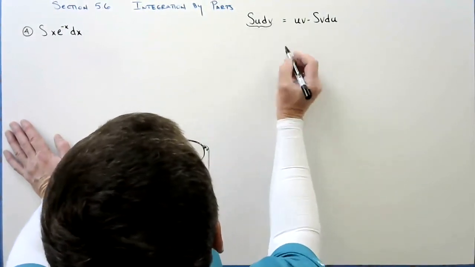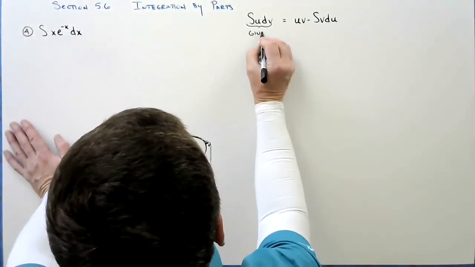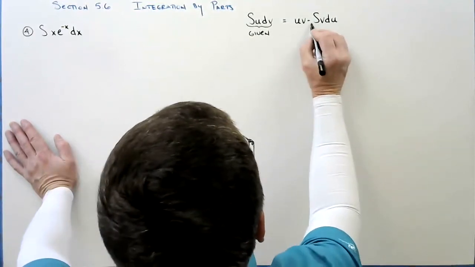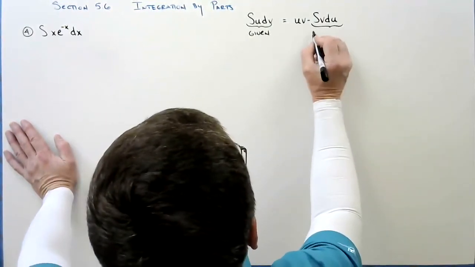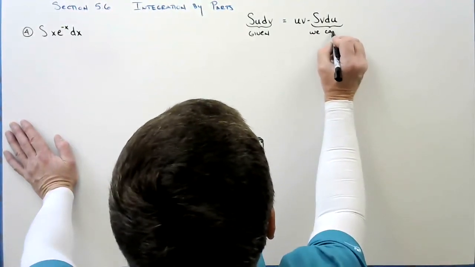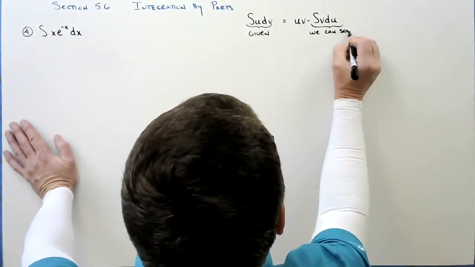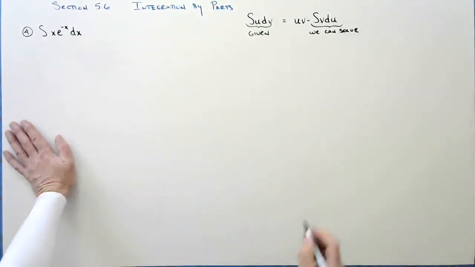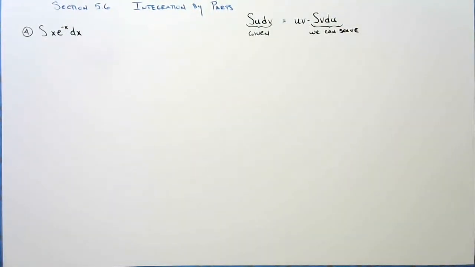This is the integral that we're given. This is the integral that we change it to, i.e., this is the integral that we can solve. Our goal here is to take an integral that we're given and turn it into a product minus an integral that we can solve. And that's the technique of integration by parts.